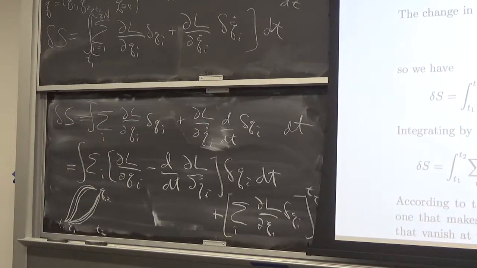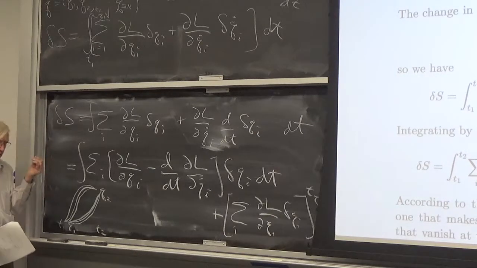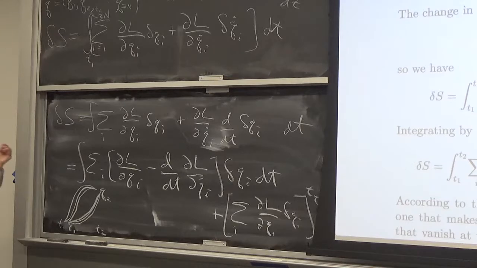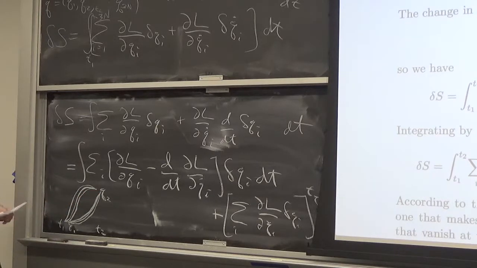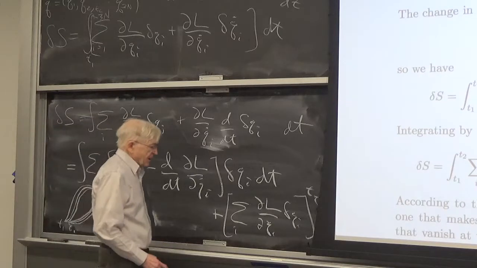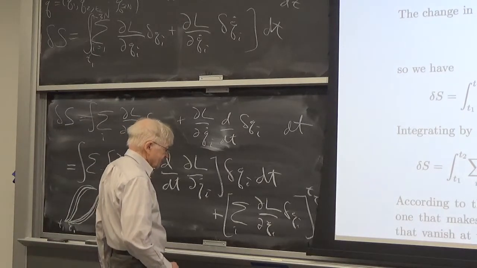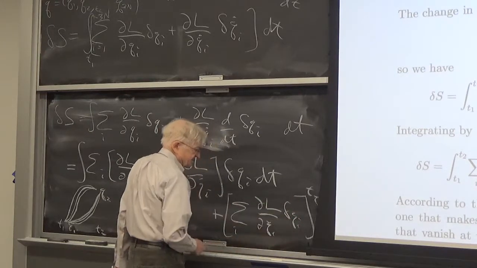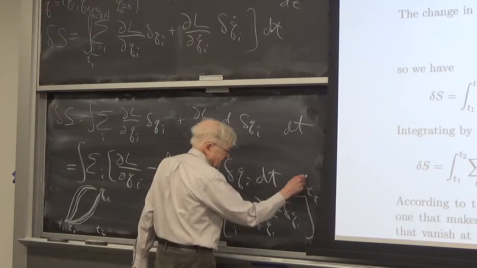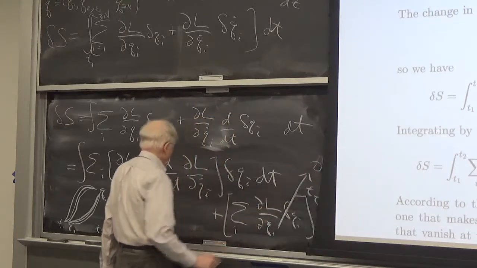But we're just considering the limit in which the change in all the Q's is infinitesimal, and we don't change the endpoints at all. So that means that the delta Qi at the endpoints vanishes. So this term here we can forget about.